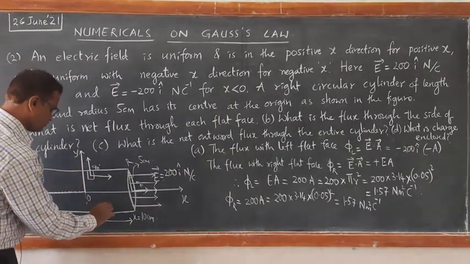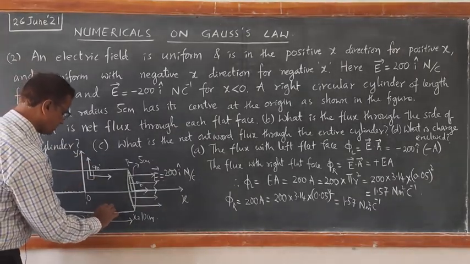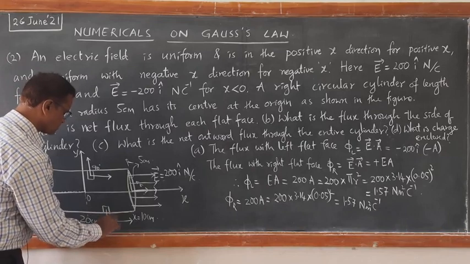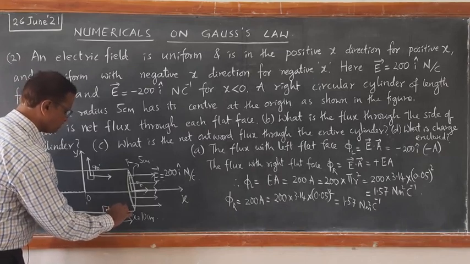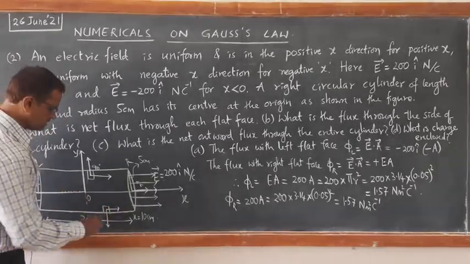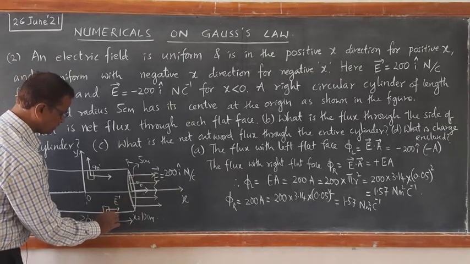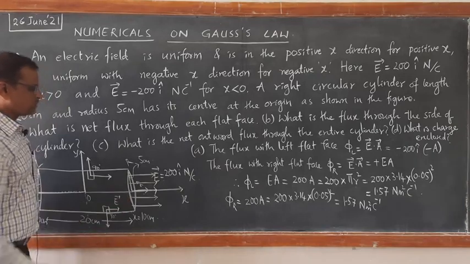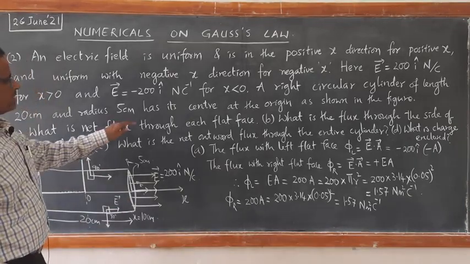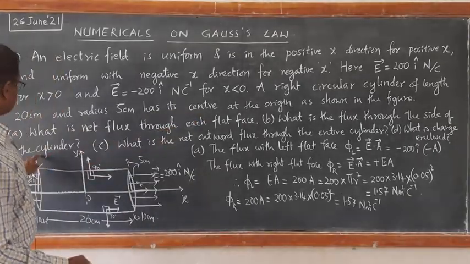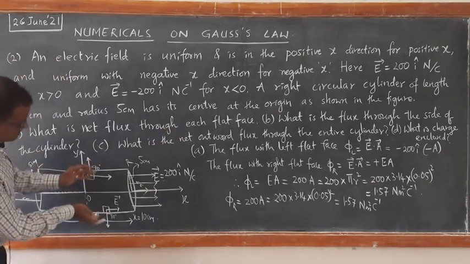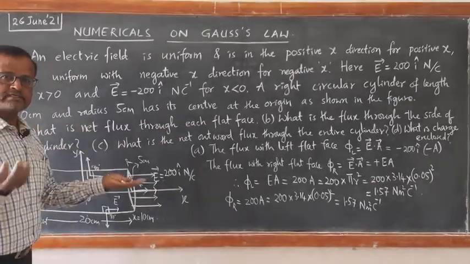Electric field and area vector are perpendicular to each other. Therefore, the flux through the side of the cylinder is 0.